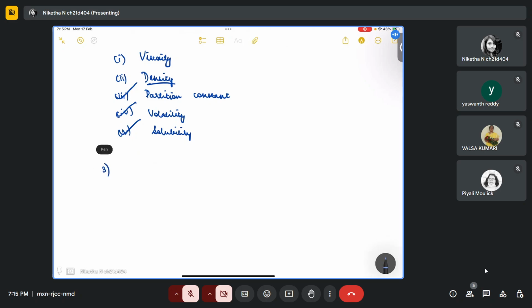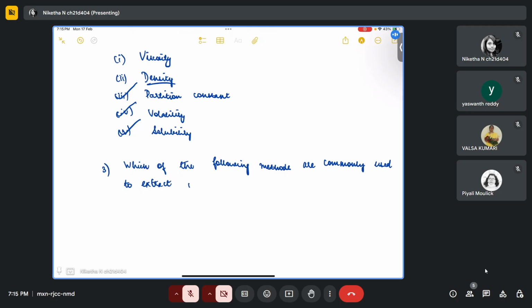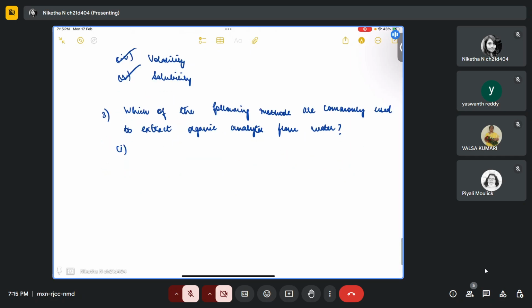Okay, so the third one. Which of the following methods are commonly used to extract organic analytes from water? The first option is Soxhlet extraction.